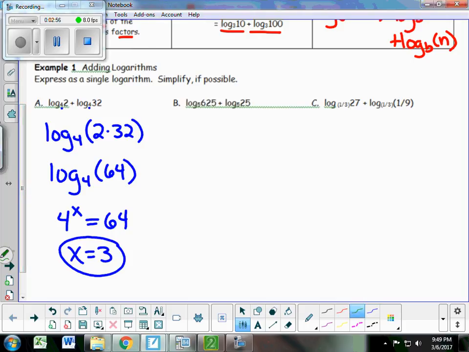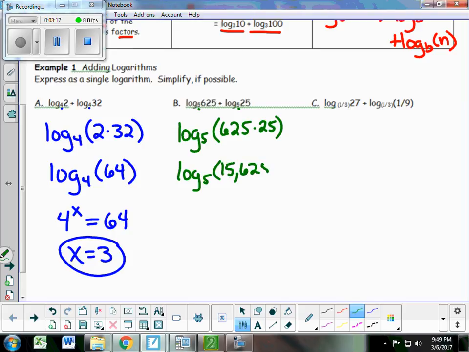This time we have both bases of 5. Again, addition, we can multiply, so log base 5 of 625 times 25. This is going to be some large value, and when you multiply those two big numbers, it ends up being 15,625. Now to try to simplify that, that means we have a base of 5 raised to some power x, and that should equal 15,625.